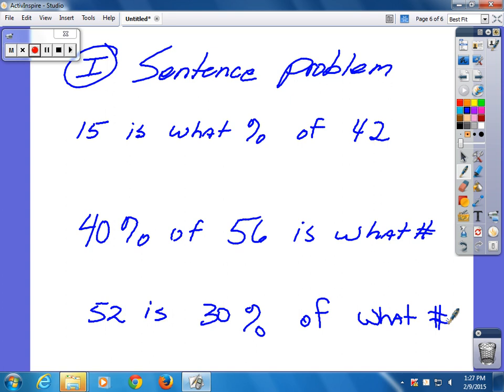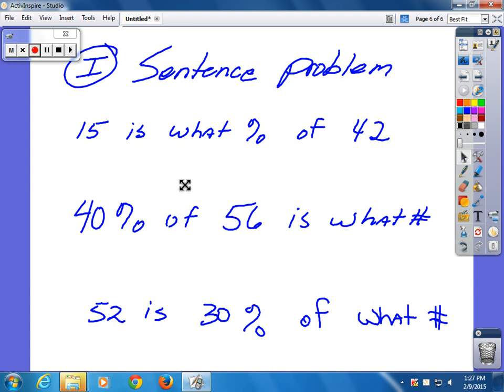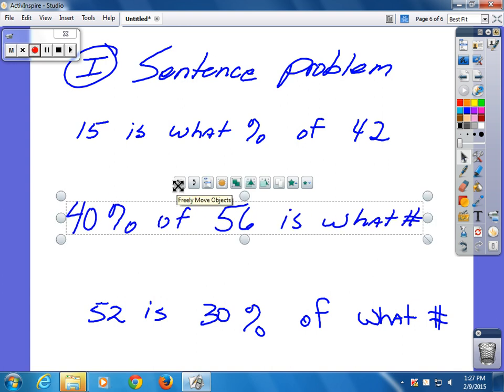If you notice, 15 is what percent? The percent is X. 40% of 56 is what number? Is the X. And 52 is 30% of what number? Of is the X. So what those three things, you put them in a formula, and then all you have to do is plug and chug.